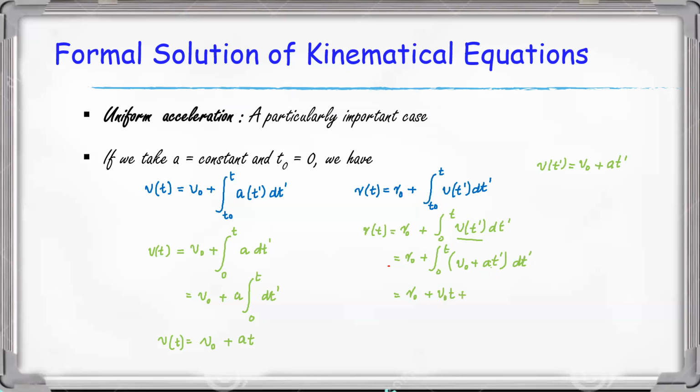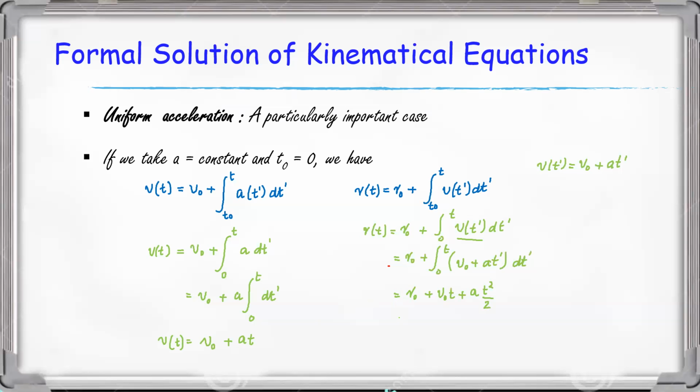Plus a is constant, so it comes out of the integral, then the integral of t dash dt dash is t dash square by 2. When we apply the limit, it is a into t square divided by 2.